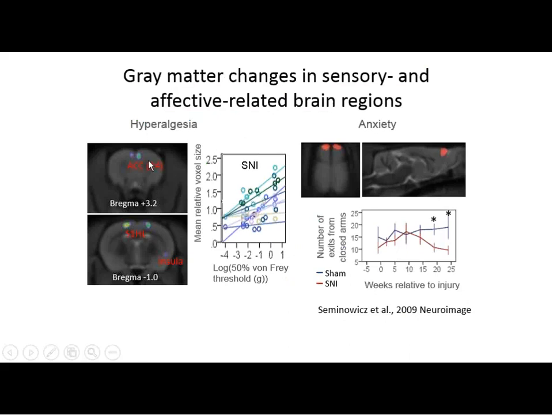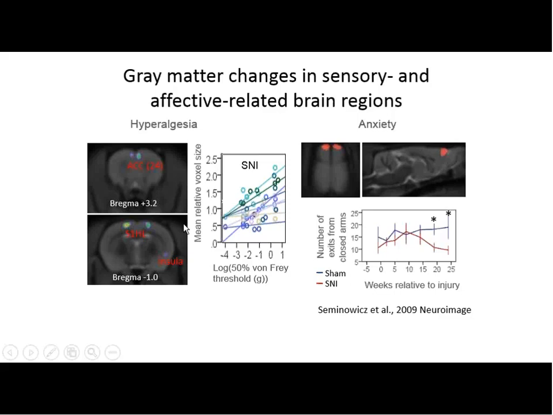So first of all, there were brain regions that changed associated with sensory changes. So these were hyperalgesia-related changes in the posterior part of anterior cingulate and bilateral primary somatosensory cortex in the hind limb area.